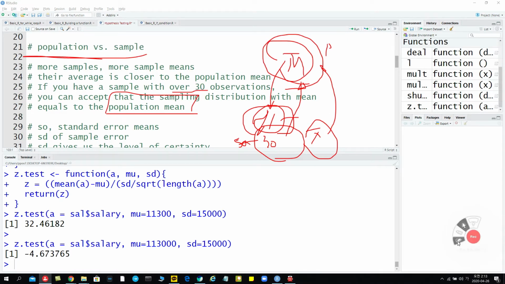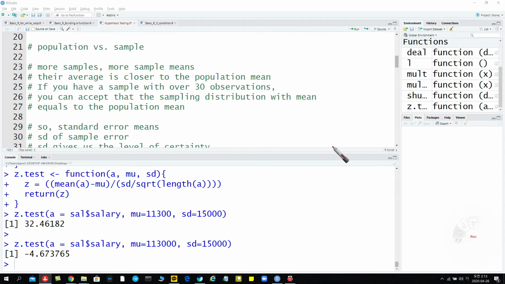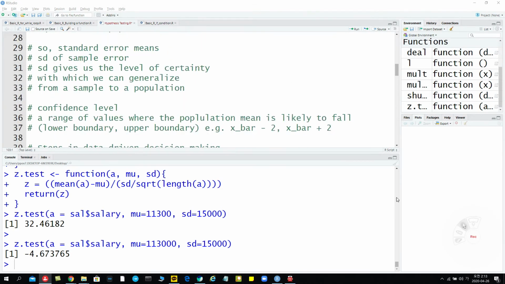Okay, now the standard error means the standard deviation of the sample error. Standard deviation gives us the level of certainty with which we can generalize from a sample to a population.